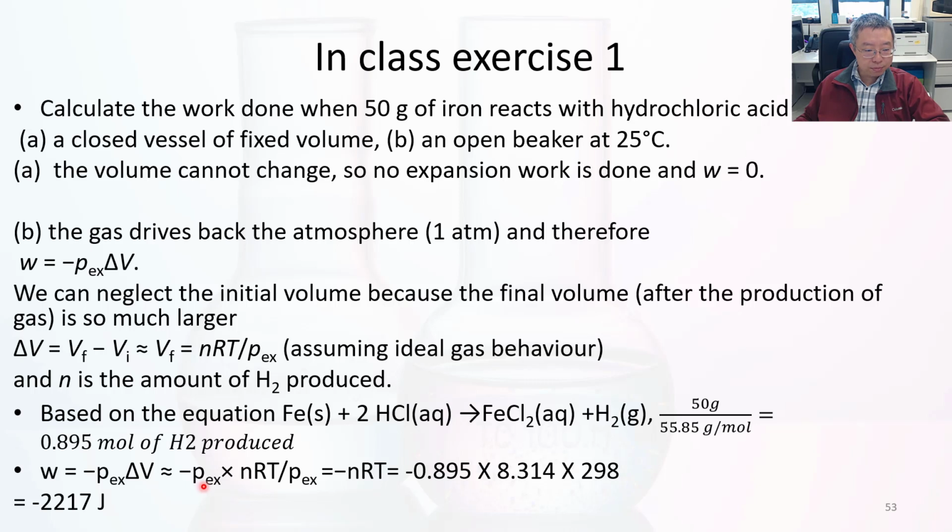And then we have the work equal to minus P external delta V. And because the V is nRT over P, it's actually going to be related only to the nRT. It's not even related to the external pressure. This is something interesting if you think carefully. Somehow the expansion work done in this case is not related to the external pressure.